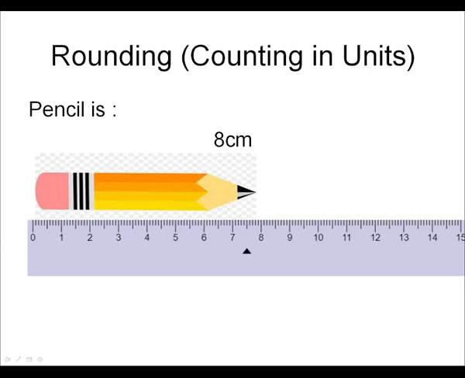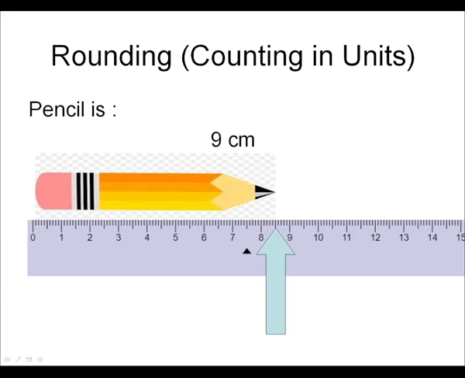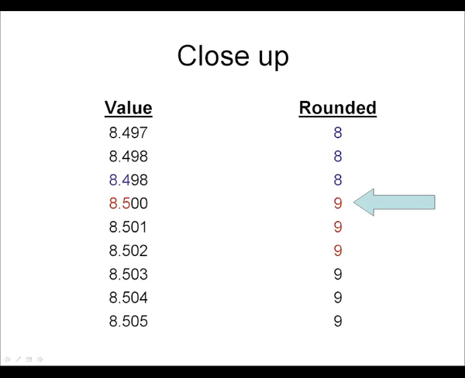Let's have a look at counting in units. Here we're measuring a pencil. We're measuring it with a ruler and can clearly see if we were counting 4, 5, 6, 7, 8. It's clearly closest to 8. At what point do we switch to 9? As before, as soon as the digit after the one we're interested in switches from a 4 to a 5, we know our rounding has gone from 8 to 9.